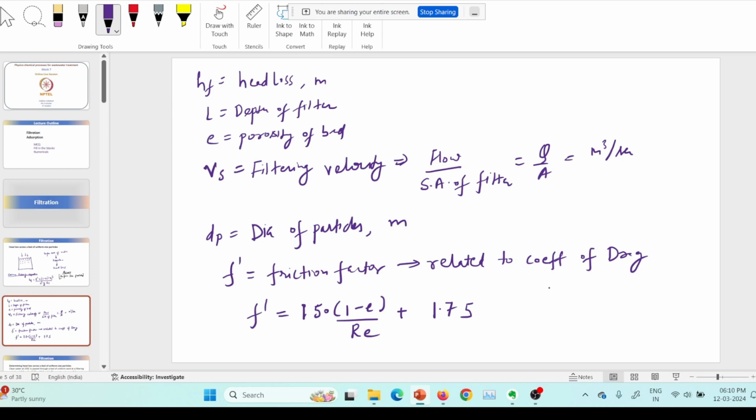So during filtration, when flow is laminar, then the F' value will be this much. This equation is for uniform size particles.